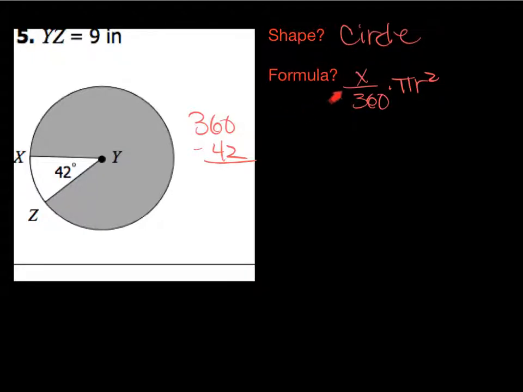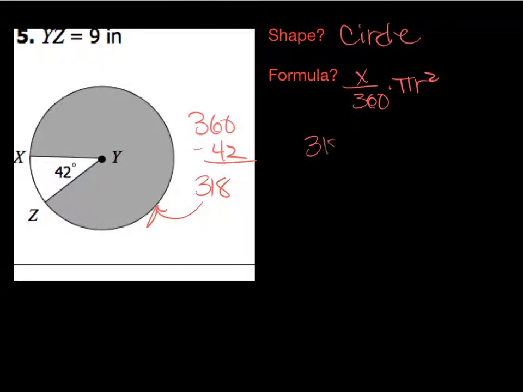All right, so we start off with the shape. It's a circle. x over 360 times pi r squared. However, the shaded part is definitely not 42 degrees. We're going to subtract 42 degrees from 360 and we get 318. We're going to move that into our formula. Make sure you show that this arc right here is 318.